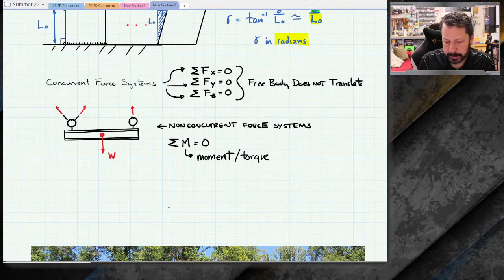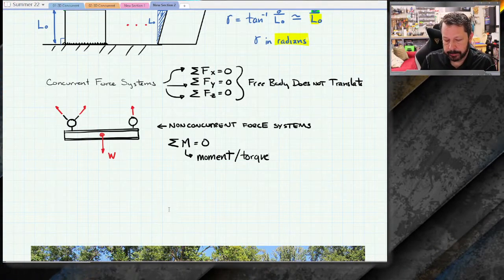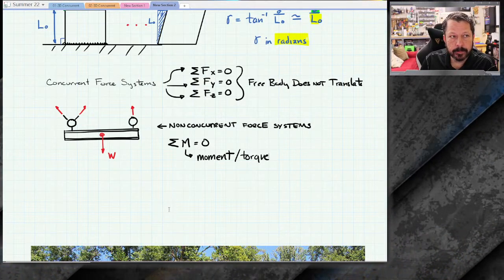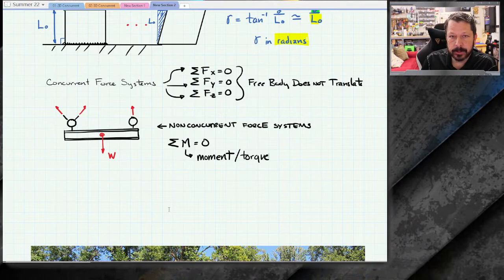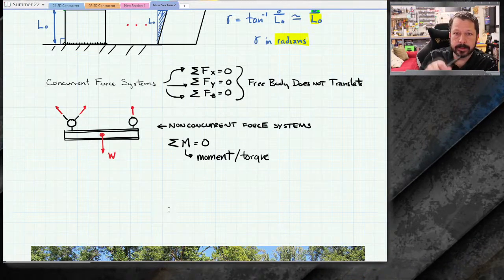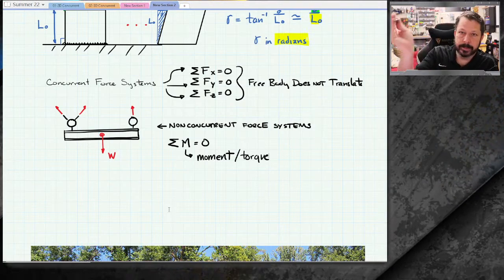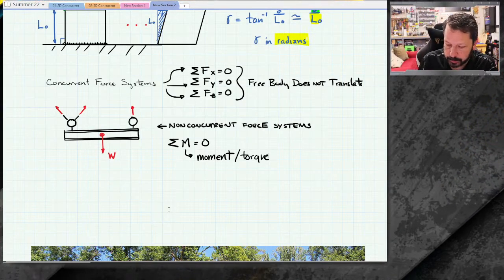So what this says is that the summation of all of these moments, and we're mostly going to treat these moments in 2D. So we're not thinking of things spinning and moving around in 6 degrees of freedom. That's too much for what we're doing right now.